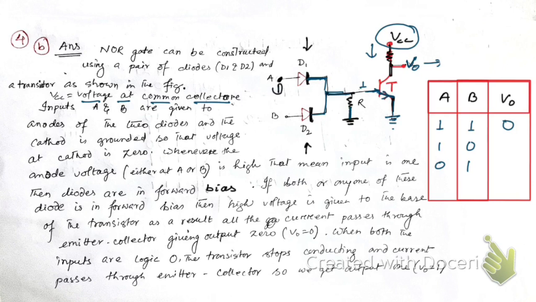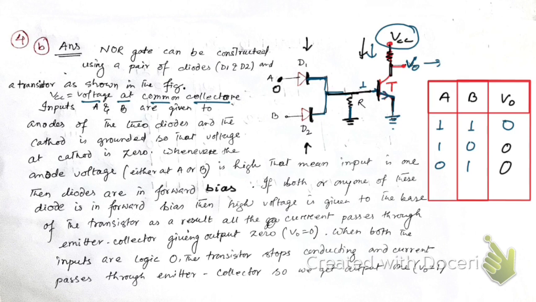If you are giving 1 here, it will conduct current to the base of the transistor. If the diode conducts current to the base of the transistor, then it will be on, and in that case all current from this VCC will be grounded, so we are going to get output 0.